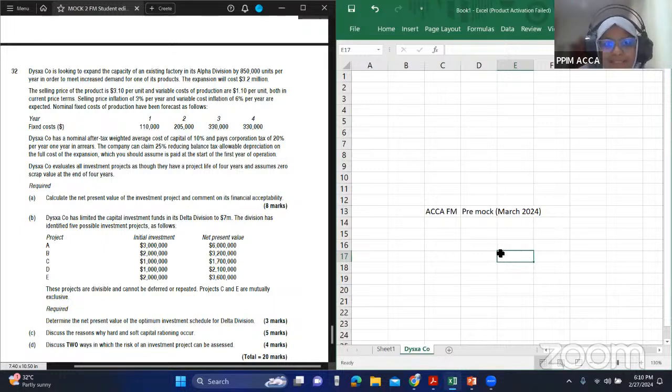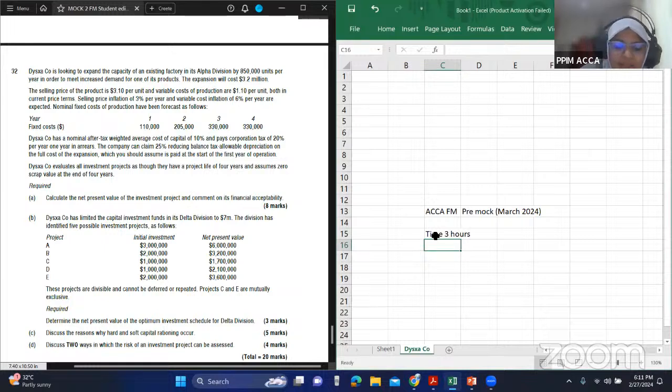To access this pre-mock, you definitely need an ACCA registration number, an ID, as well as a password. But please make it compulsory that you time yourself. Give yourself 3 hours and do this pre-mock.